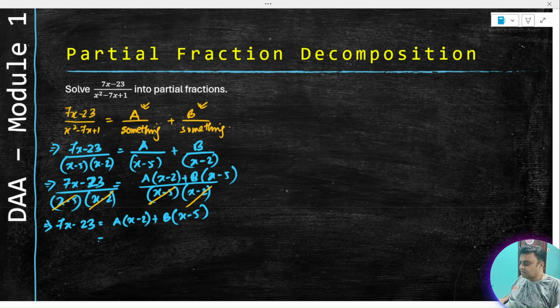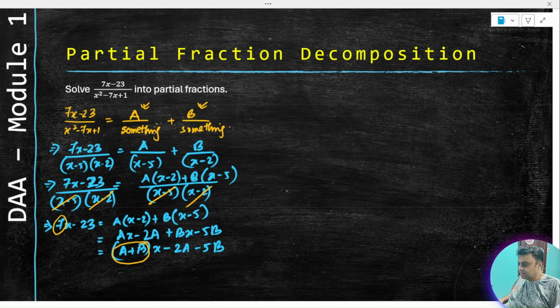And then if we start solving the RHS, we will have Ax minus 2A, and we will have Bx minus 5B, which would also mean that if I group the x terms, then I will have (A plus B)x minus 2A minus 5B. Right, now if I compare the coefficients, this A plus B is actually going to get compared with 7, because 7 has the factor of x here.